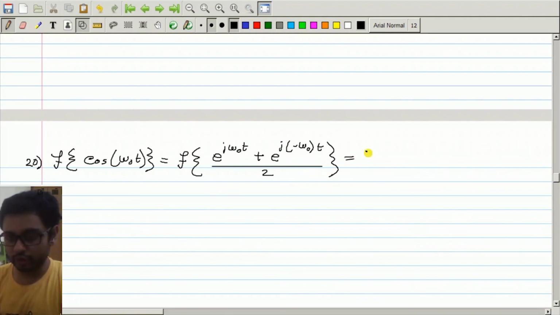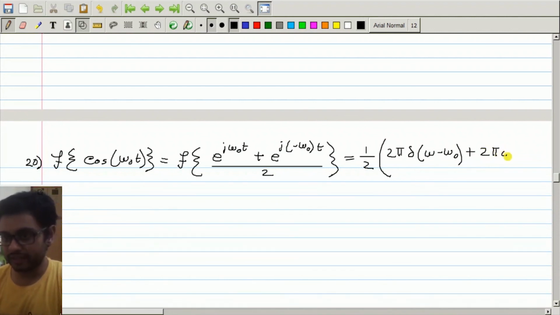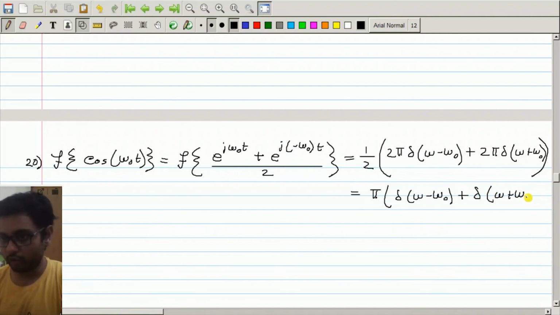So that will be equal to half. Then this will be 2 pi delta omega minus omega naught plus 2 pi delta omega plus omega naught. Okay, which is the same as pi, pi is common, so pi times delta omega minus omega naught plus delta omega plus omega naught.